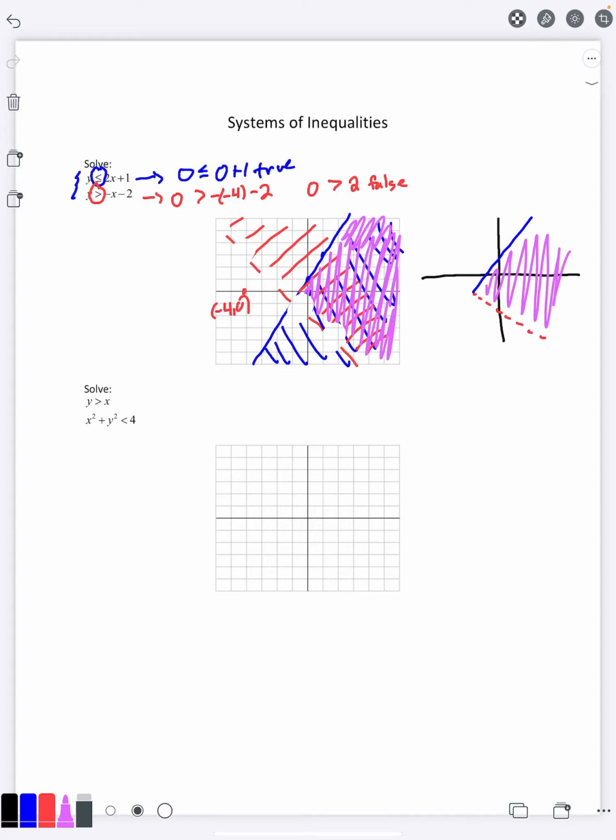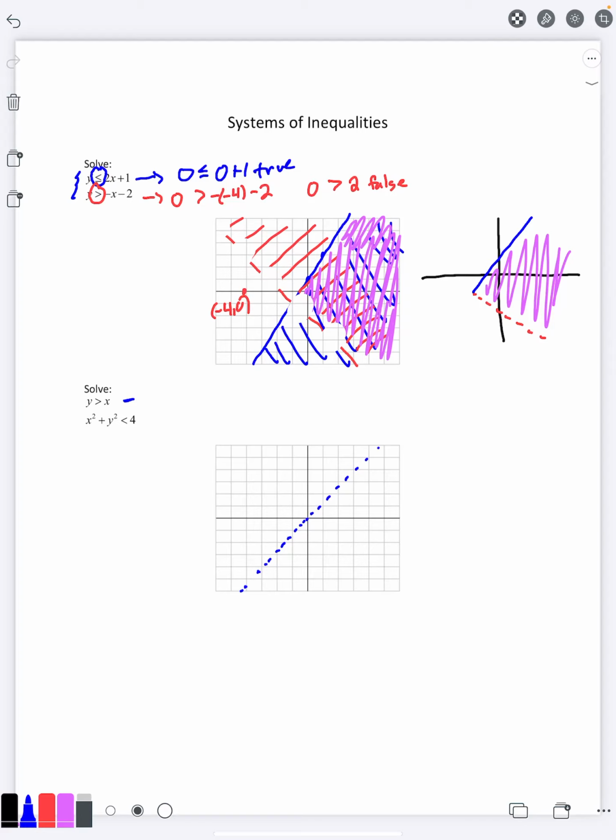The thing is, not every system of inequalities is going to have just lines. On this bottom one here, we have y greater than x. That's a line. It's just a regular line y equal to x, and it's going to be a dashed line because it's strictly greater than x.